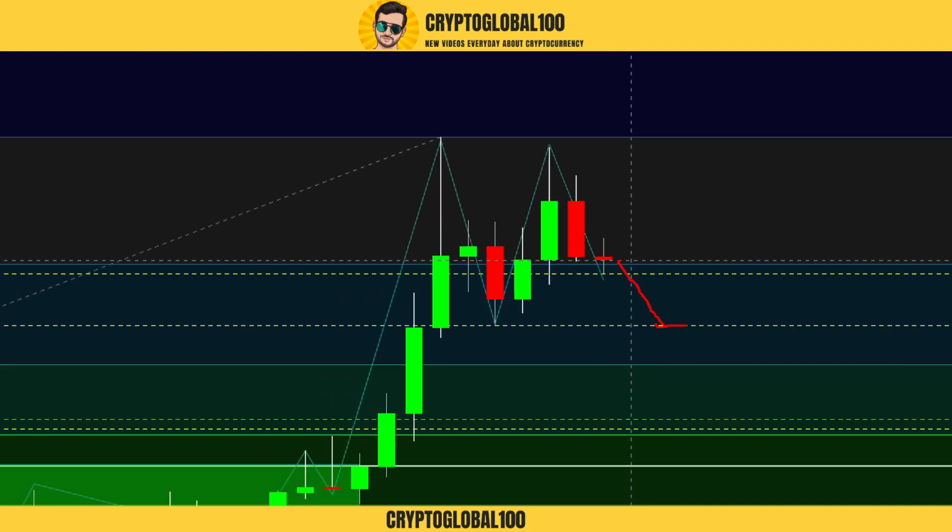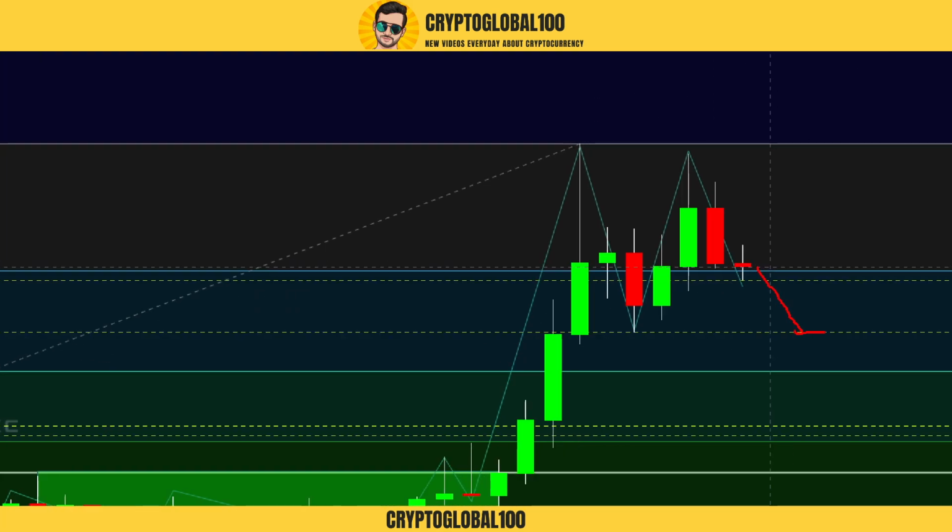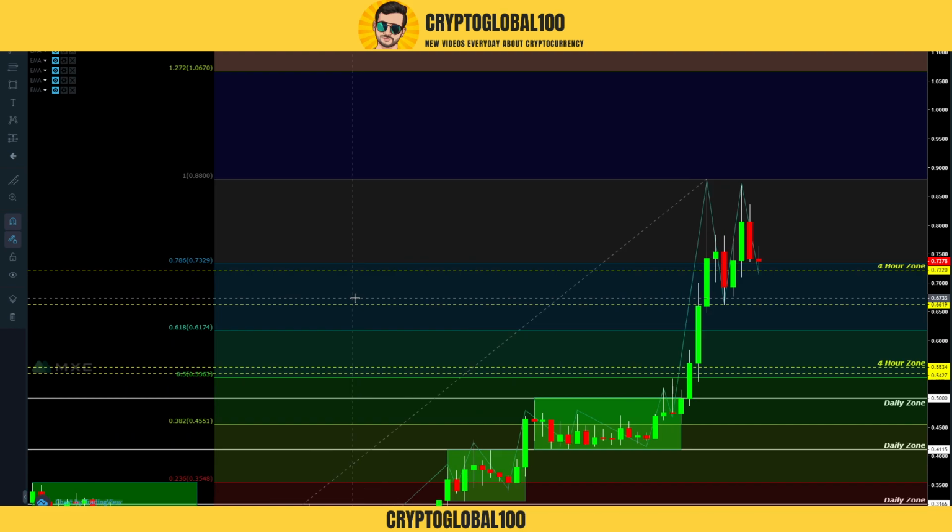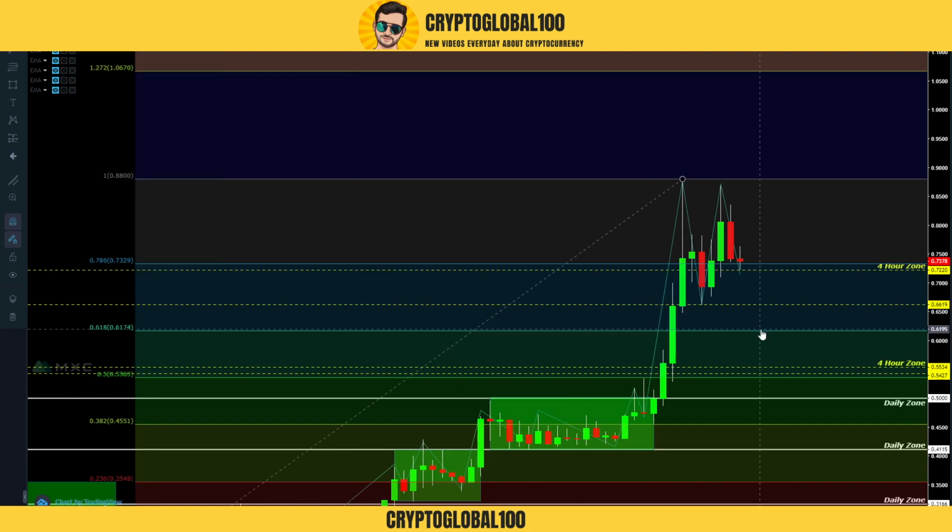And in the worst case, the price could also go down to this one, 0.617. You see how it is related to this 0.618? How close is that?